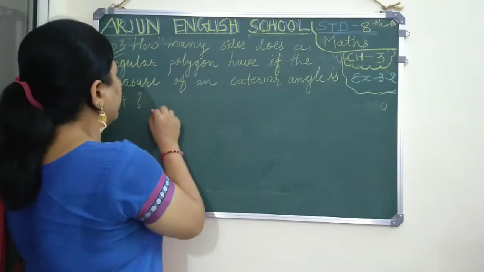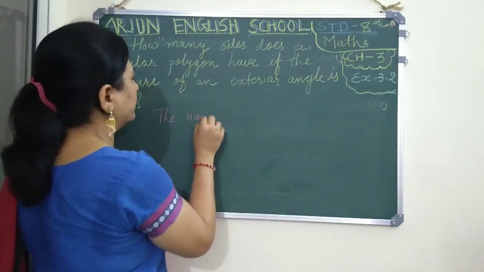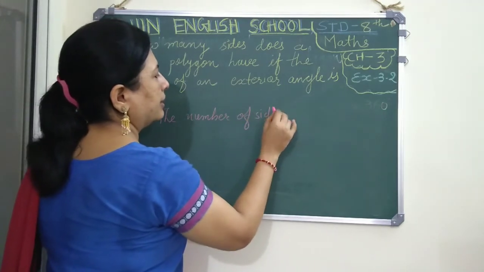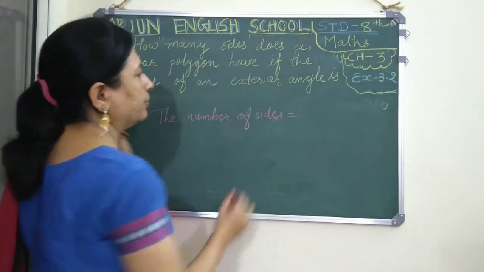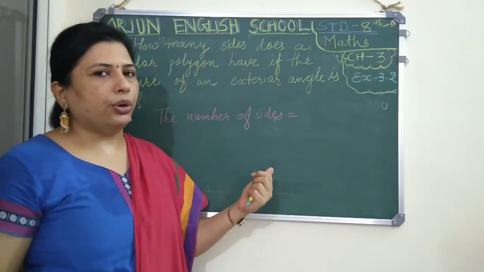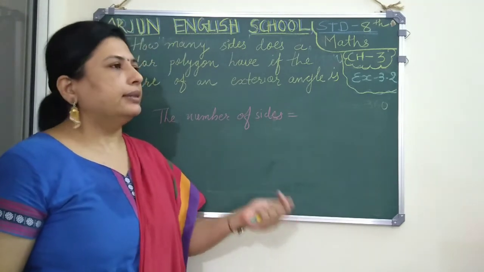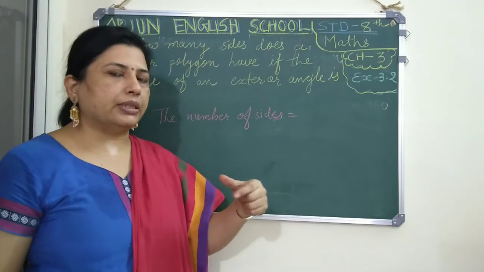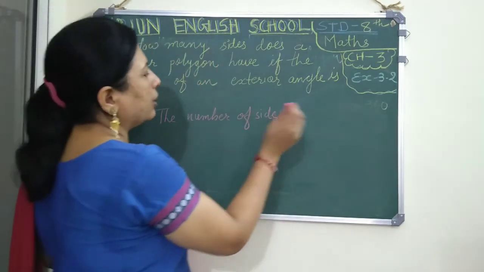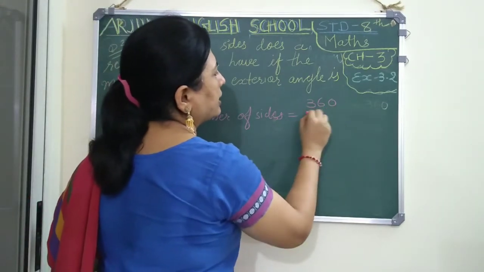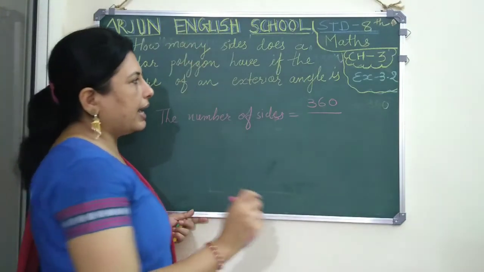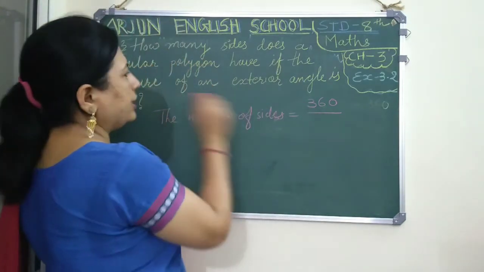So, the number of sides is equal to the number of external angles. If we know the number of external angles, then we can say the number of sides of the polygon is the same. So, the number of sides is equal to 360, the total measure of exterior angles, divided by 24.